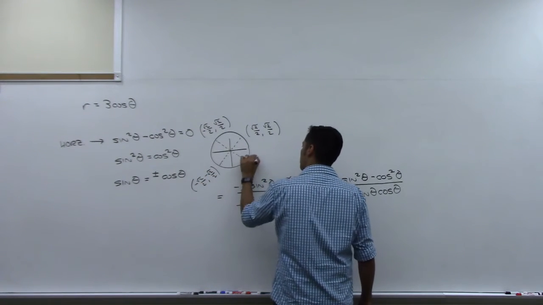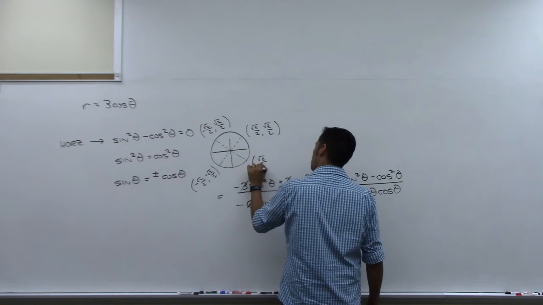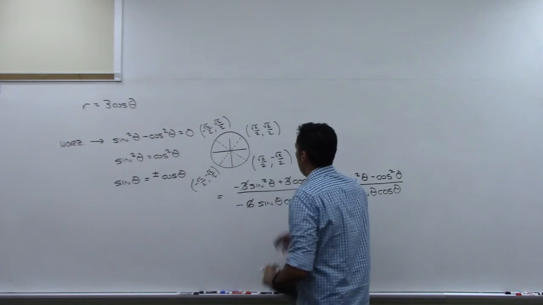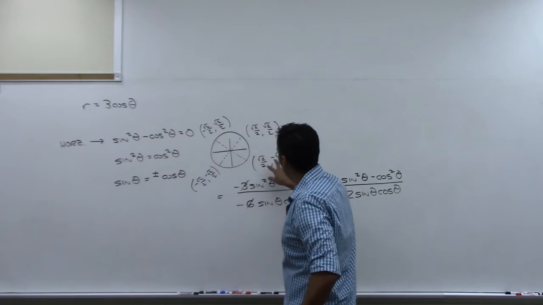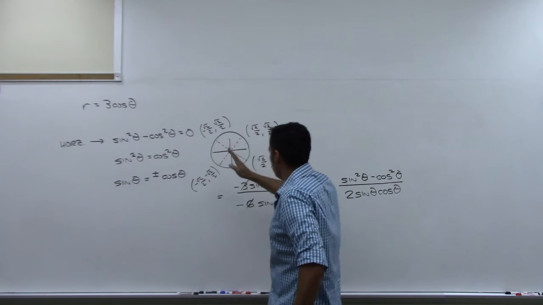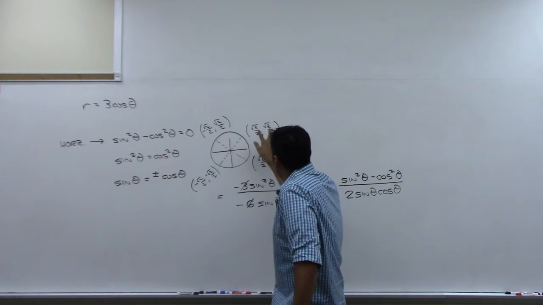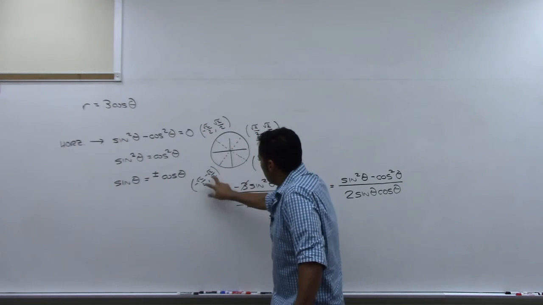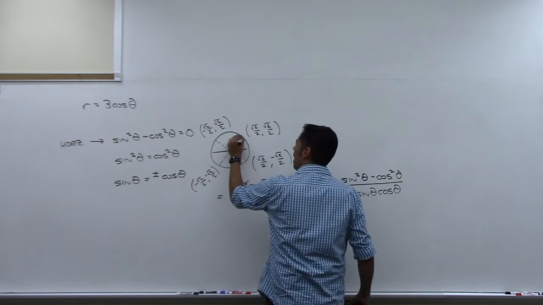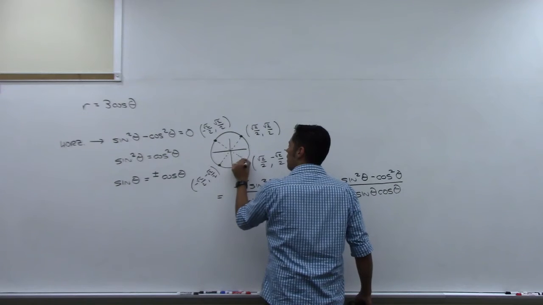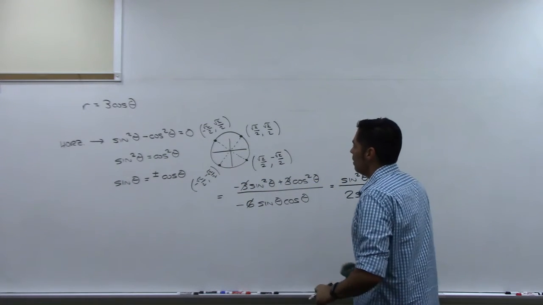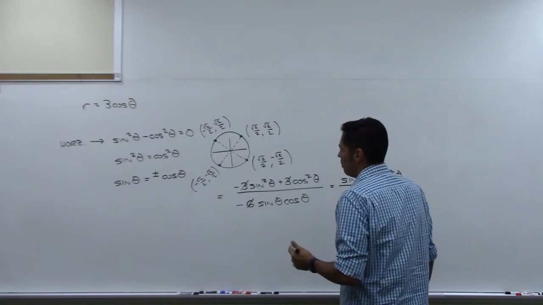And here we have root 2 over 2 and negative root 2 over 2. So what you can see is that at each of these 4 points, the sine and cosine, which correspond to the x and y coordinates, are the same. Here they're off by a sign, here they're the same, here they're off by a sign. So it's these 4 points where we're going to have this equation be true, which means we should have horizontal tangent lines.